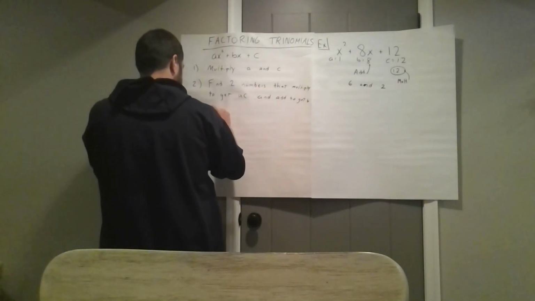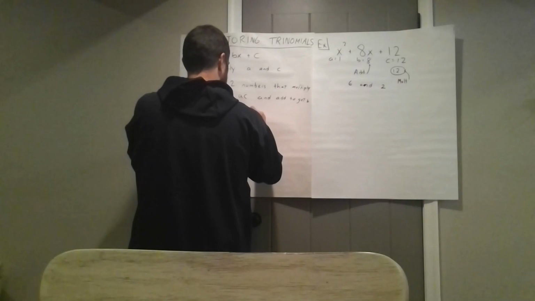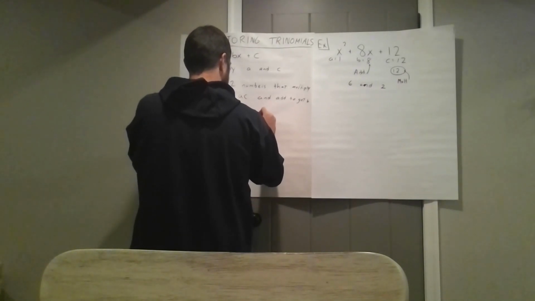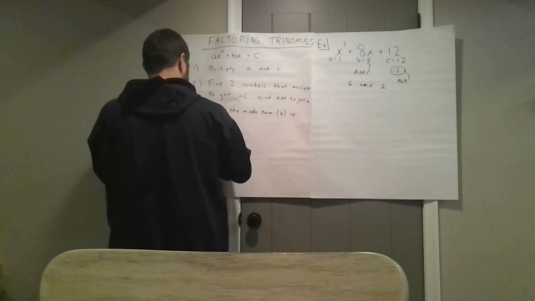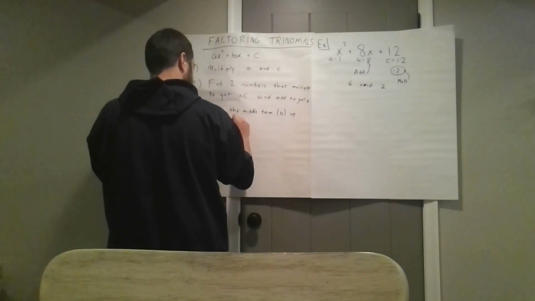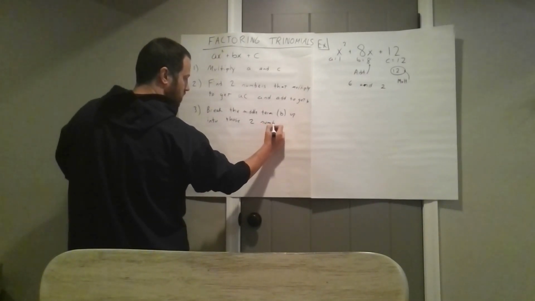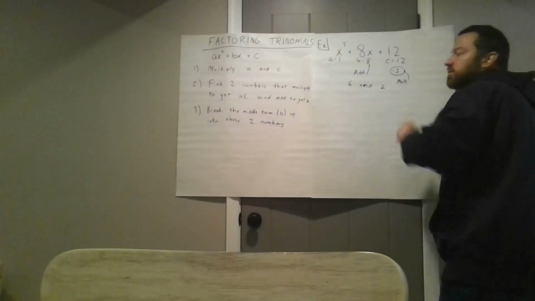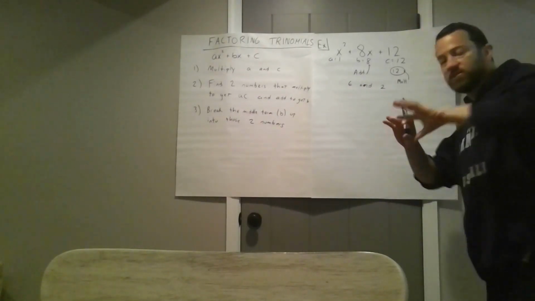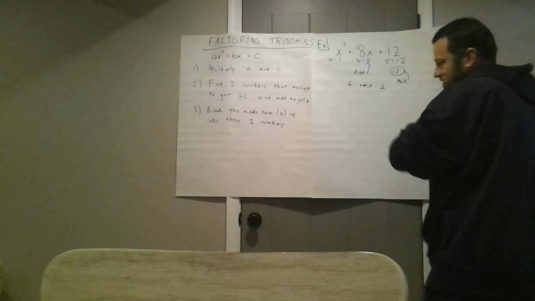So step 3, we're going to break the middle term, which is B, up into those 2 numbers. So we're going to be breaking our middle term, which is the 8x, into 2 parts. Instead of an 8x, it's going to be a 6x plus a 2x.